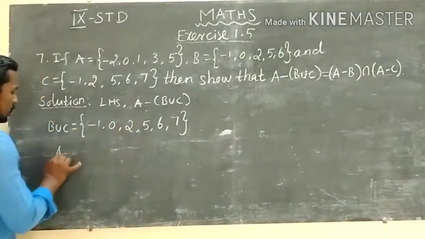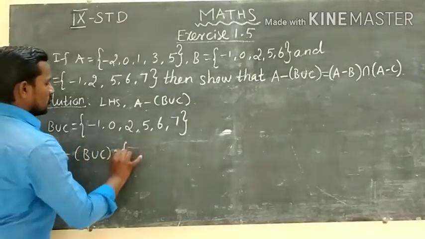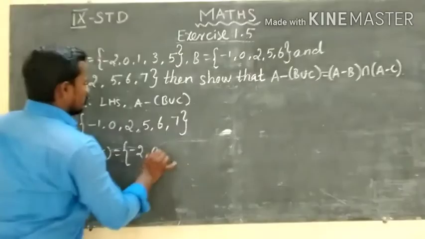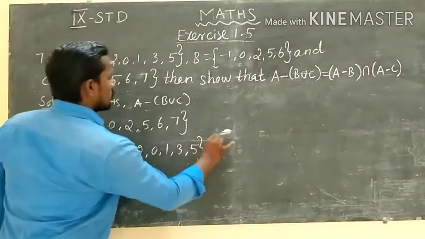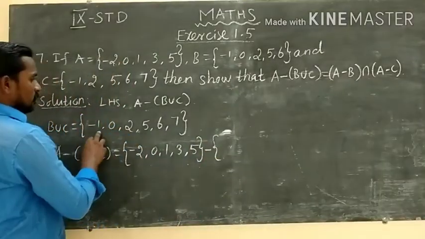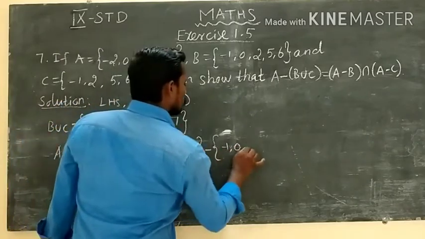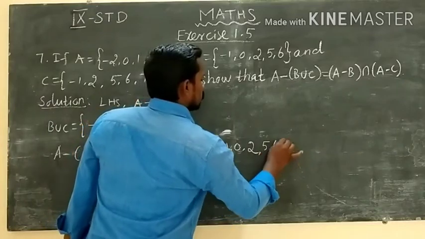Then find A − (B ∪ C). A = {-2, 0, 1, 3, 5} minus B ∪ C = {-1, 0, 2, 5, 6, 7}.